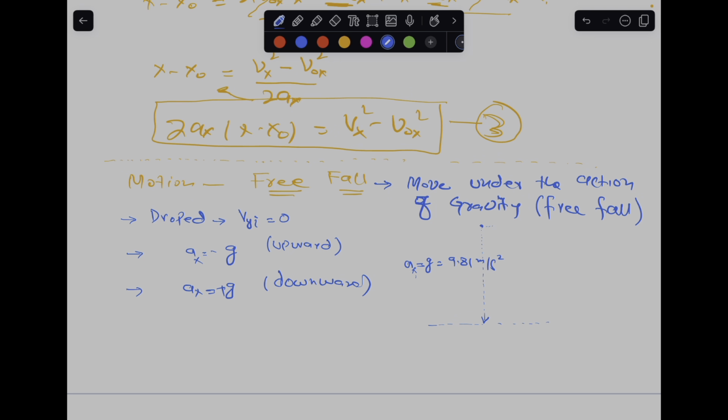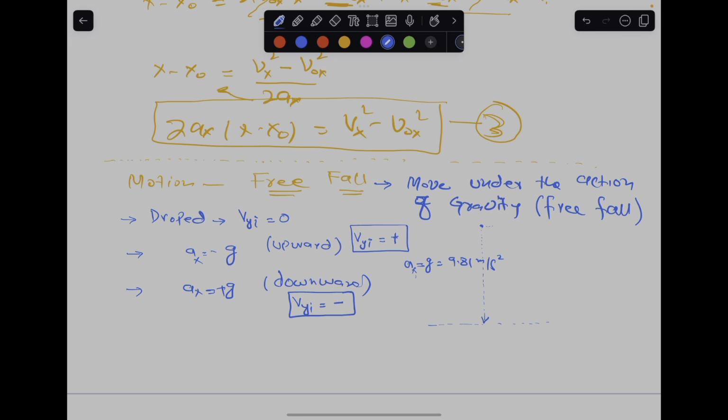So when the object is thrown upward, its vyi is positive, and when the object is thrown downward, then its vyi is negative. Positive and negative.